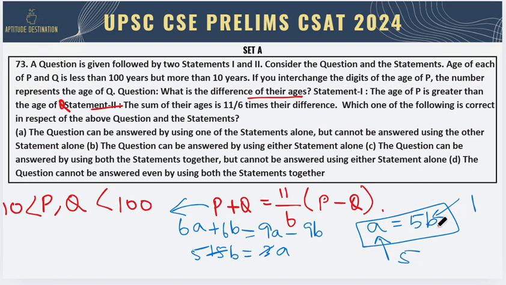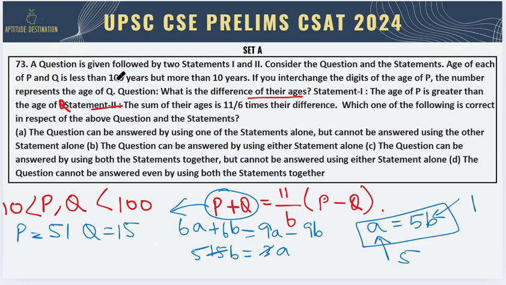Therefore the only possible value is for B to take 1 and A to take 5. Now I can easily form the ages of P and Q. P was said to be 10A plus B, which means 50 plus 1, that's 51, and Q is 15.